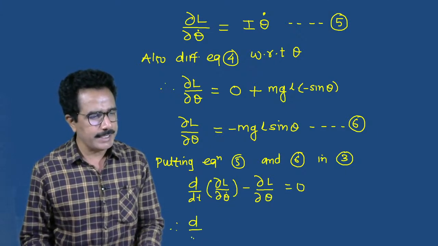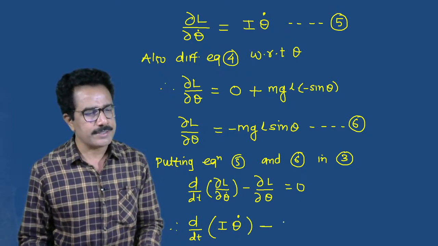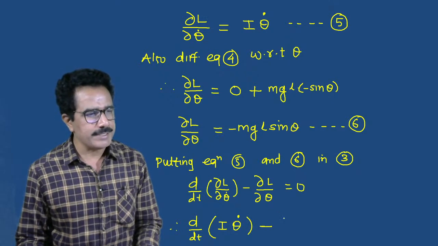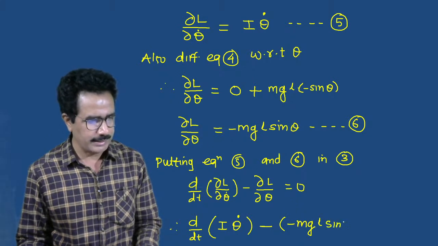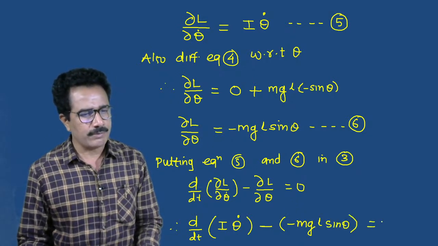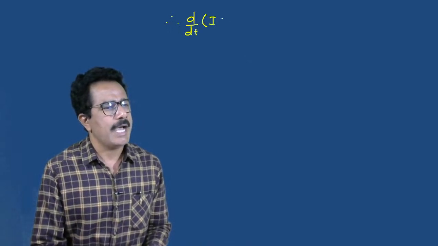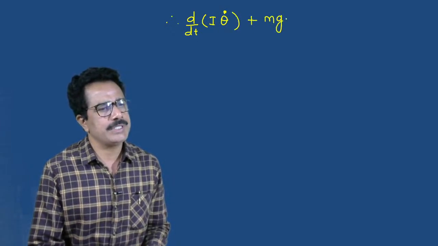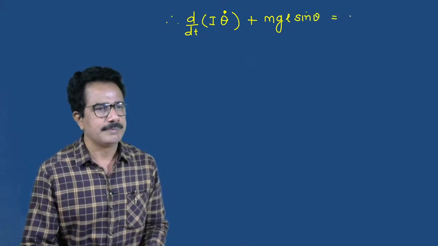So d by dt of dou L by dou theta dot means I into theta dot, minus dou L by dou theta, which we have calculated, minus mgl into sin theta, which is equal to 0. So minus minus will be plus. So d by dt of I into theta dot plus mgl into sin theta, which is equal to 0.